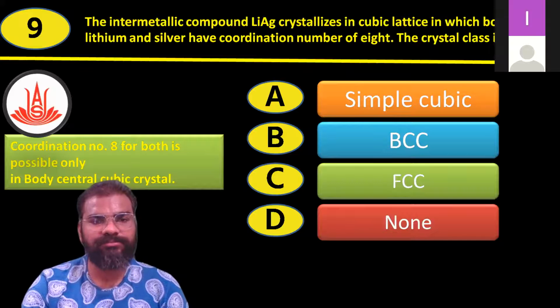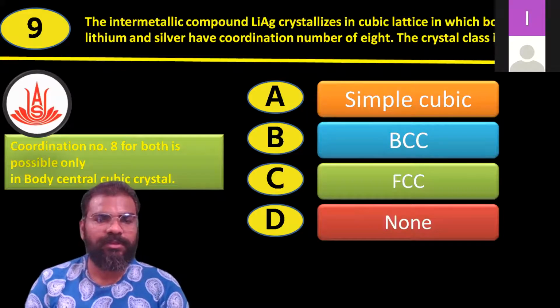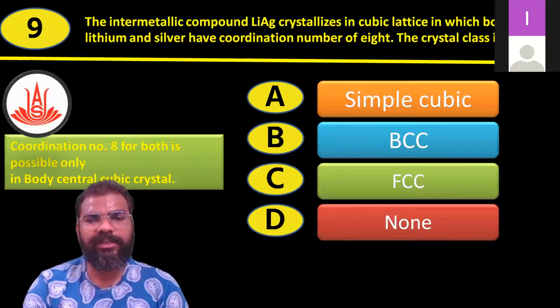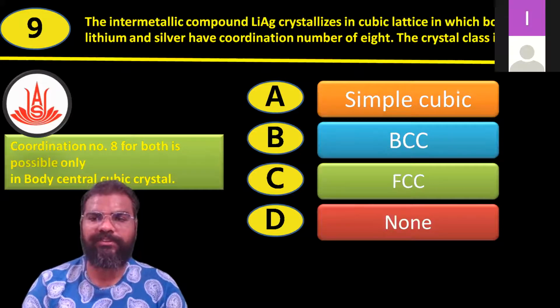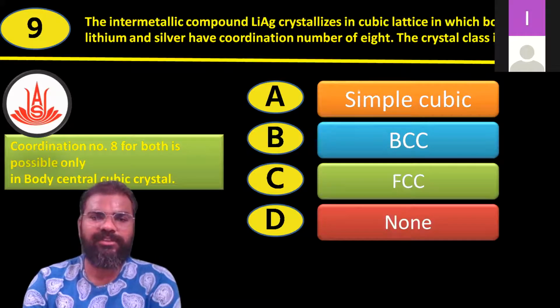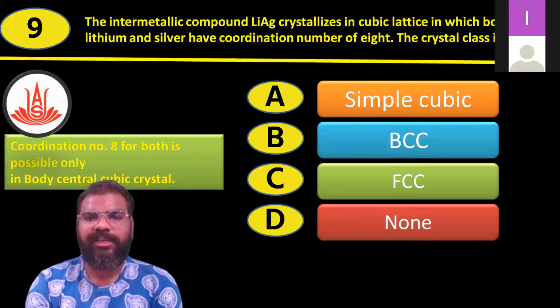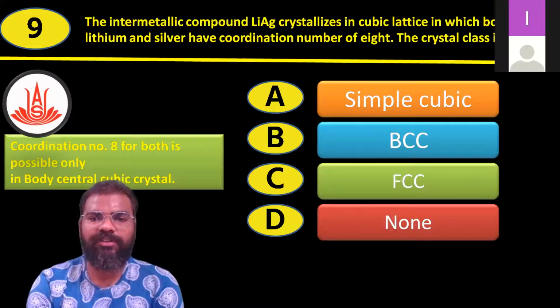Question number 9. The intermetallic compound of lithium and silver, the combination of lithium and silver they have given, crystallizes in a cubic lattice in which both lithium and silver have the coordination number of 8. The coordination number of both they have given, that is 8.